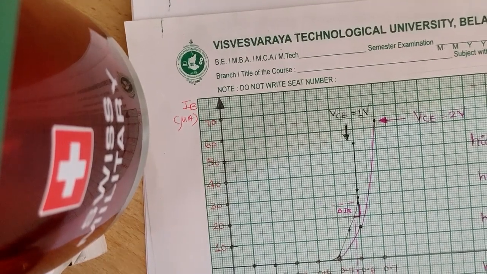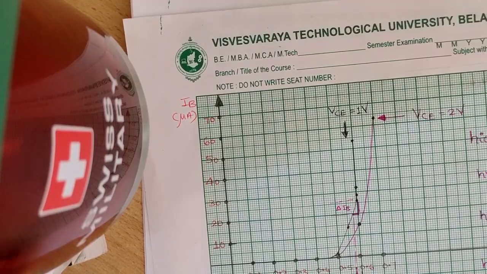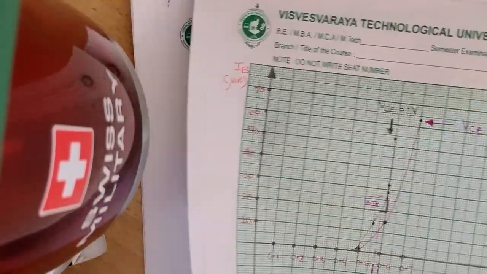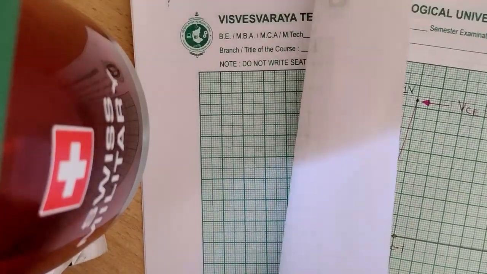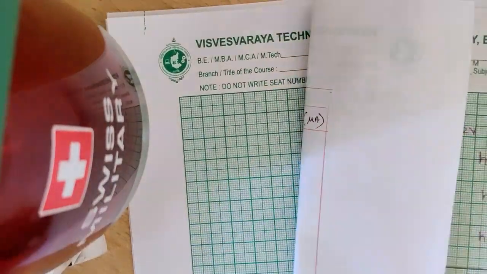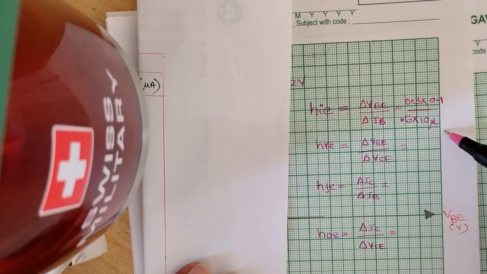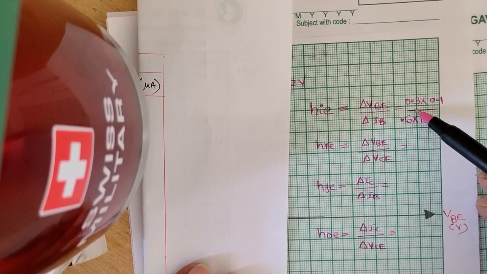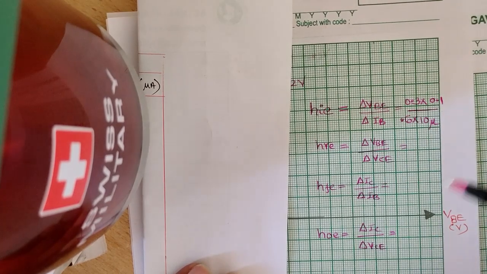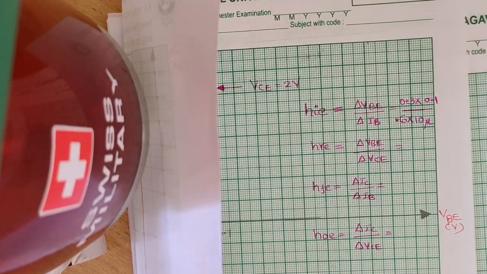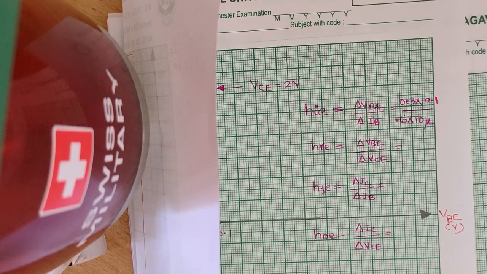Okay, so I will get the HIE value. Here it is, 0.6 into 10 micro in the denominator and 0.3 into 0.1 volt in the numerator. So let us calculate.